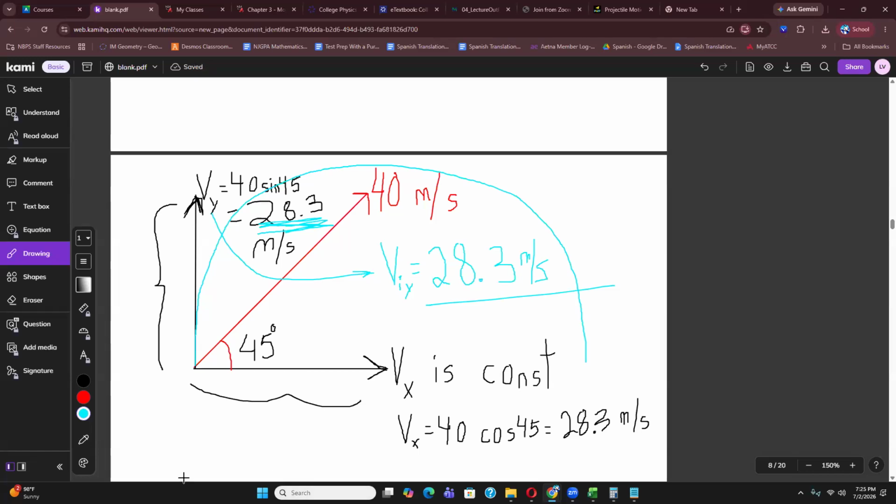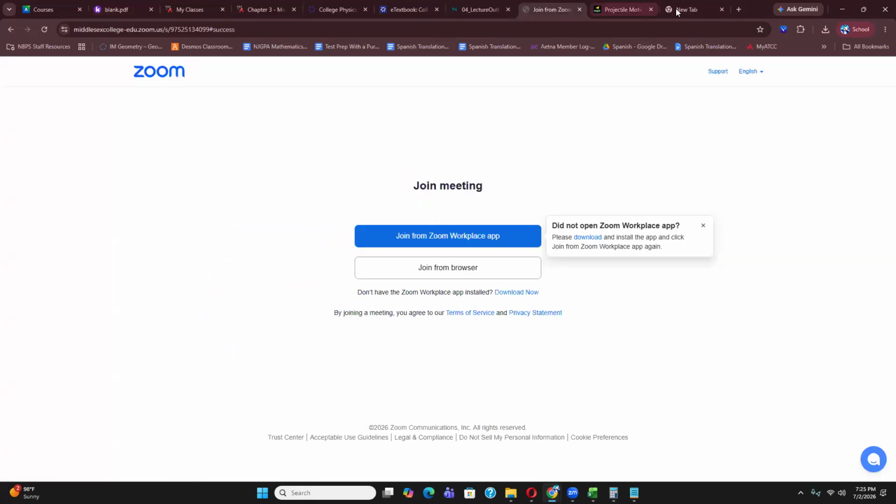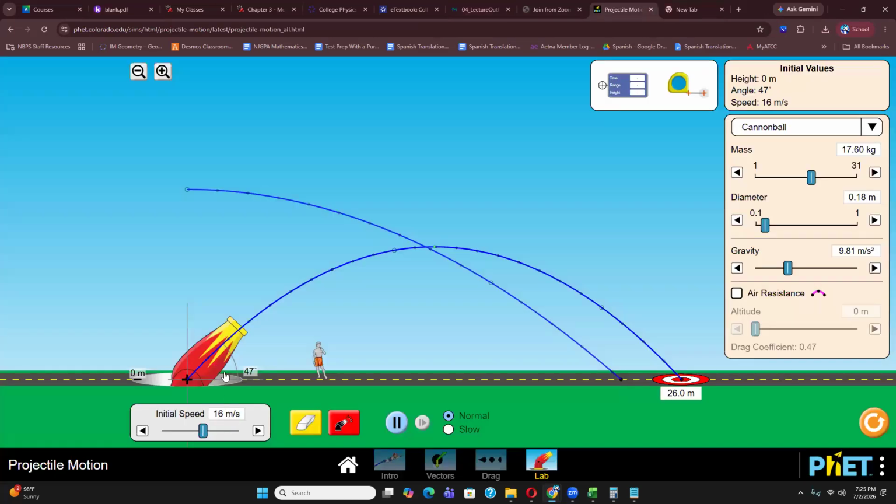Any questions about this? It should be kind of a review of vectors, but do you understand where this is coming from? In this situation, if I have 16 meters per second and the angle is 47 degrees, to find the x component I have to do 16 times cosine of 47, and 16 times sine of 47 for y.